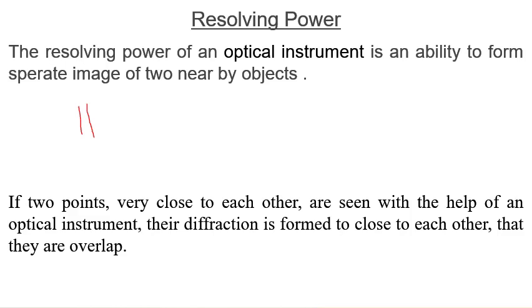If you are watching them with your eye, a telescope or a microscope, and that optical instrument makes two separate images of these two lines, then that ability of the optical instrument is known as resolving power.